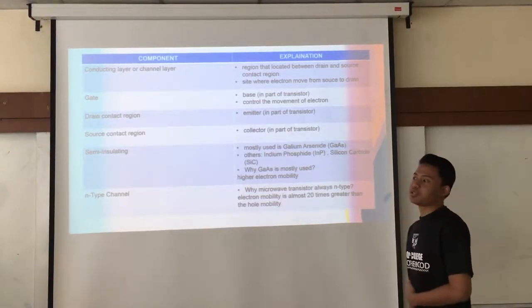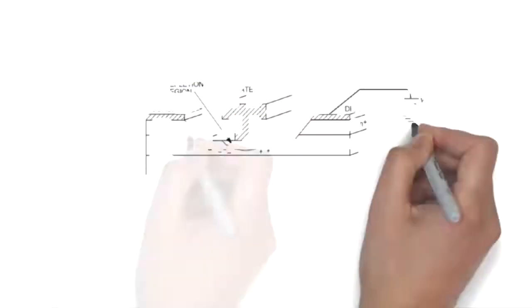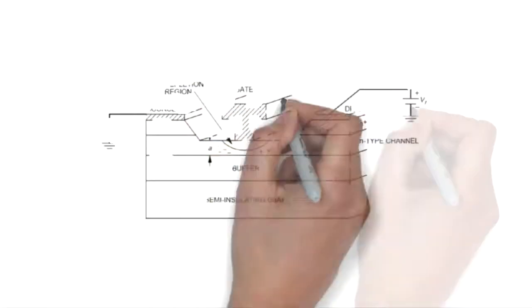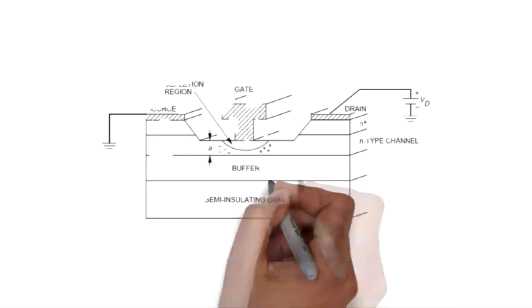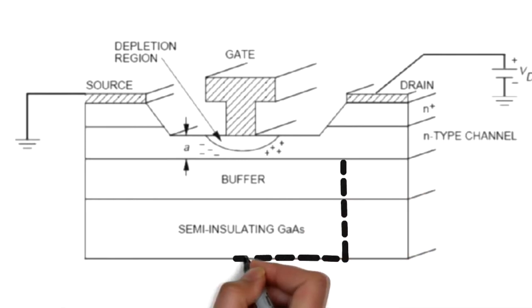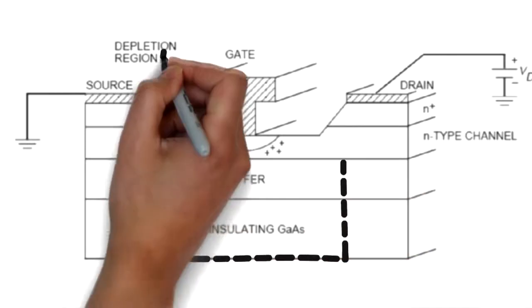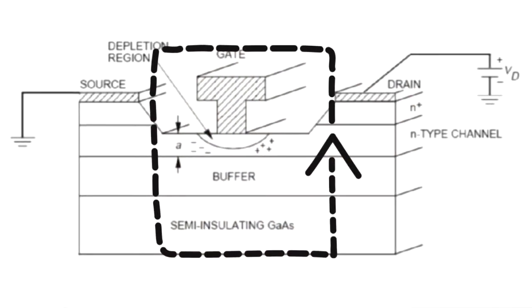Now I want to explain about the structure of MESFET. First, the conducting layer or channel layer is the region that's located between the drain and source contact region.